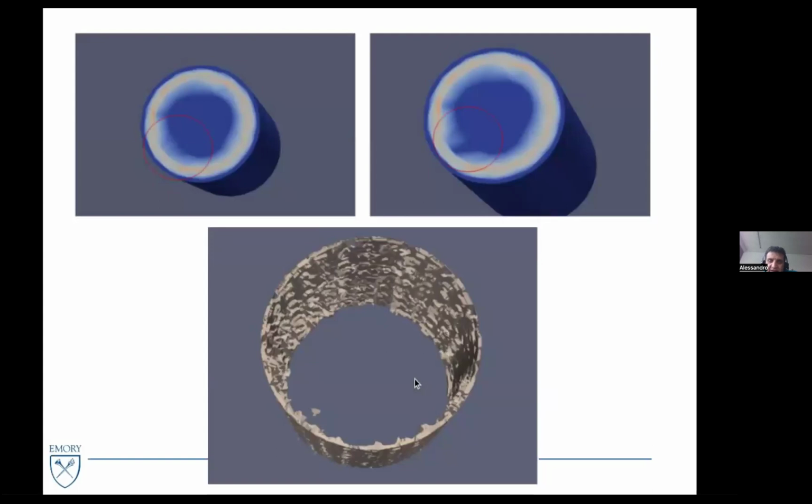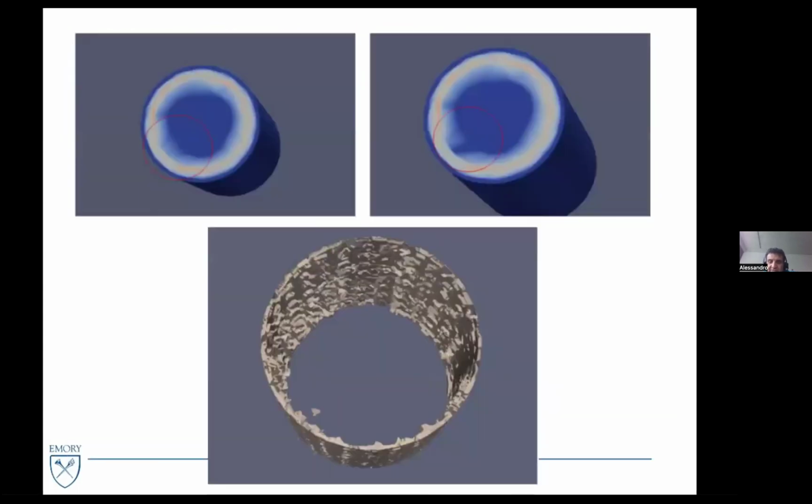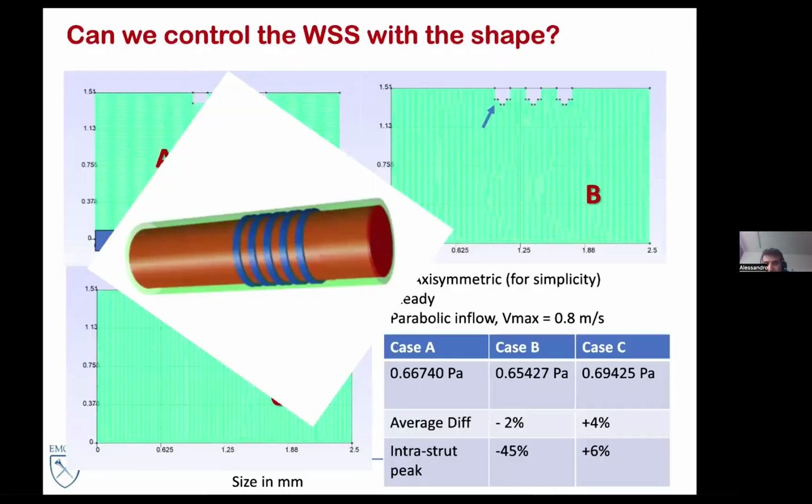Finally, these were simulations on more realistic geometries, more realistic design of stents. We used first simplified stents, but we are working on more realistic geometries of the stent for the erosion.